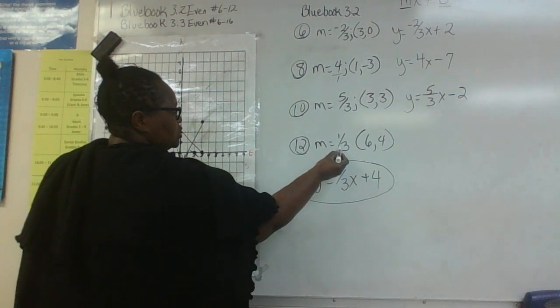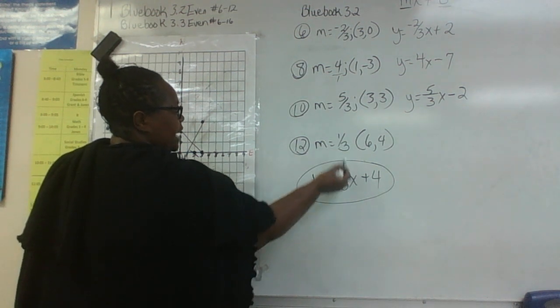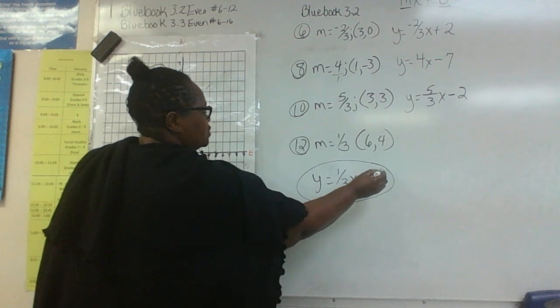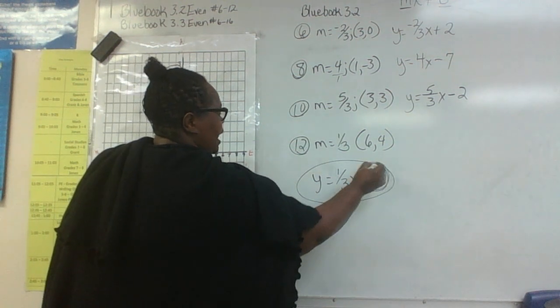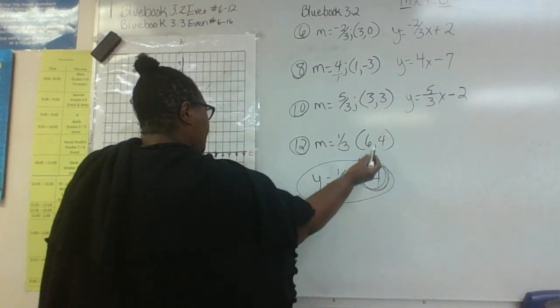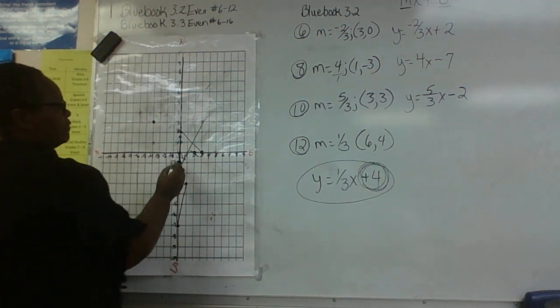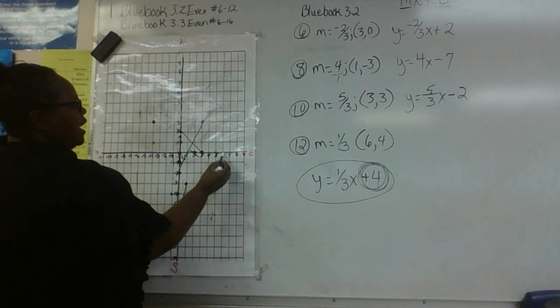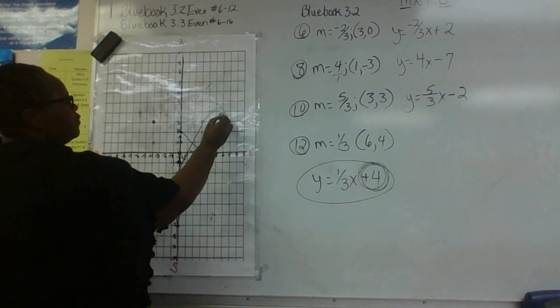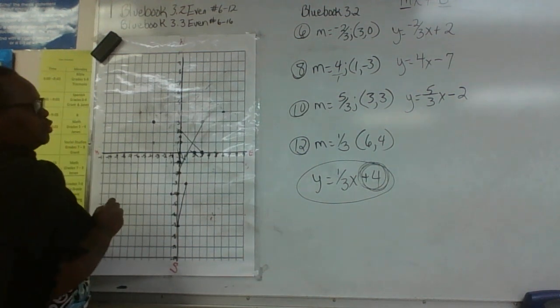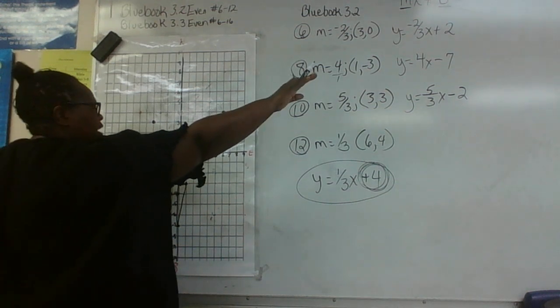Well, we know this is the slope, so that's correct there. But the question must be, is this the correct y-intercept? Well, let's plug in our point. We have a positive 6, and then we have 4. 1, 2, 3, 4. And then our slope is 1/3. Positive, which means our line is going to go in this direction.